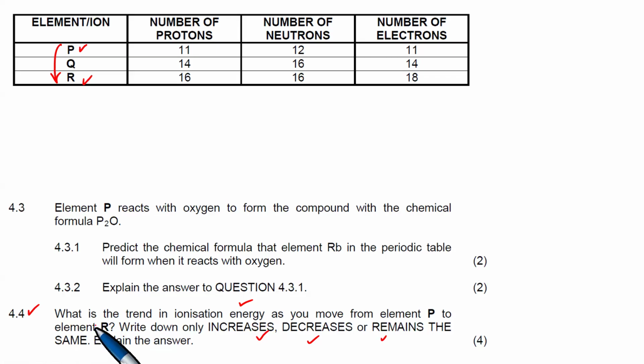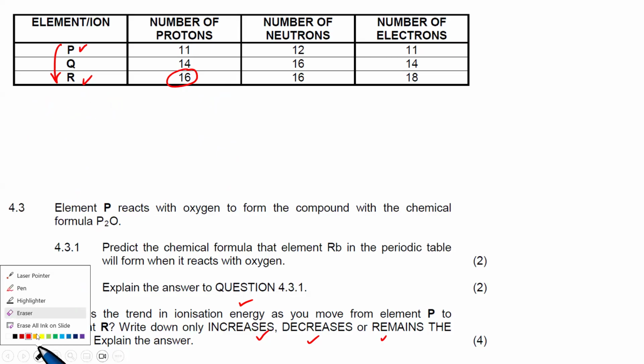So in 4.4, we can see that the ionization energy surely increases, and we're going to explain why that is the case. They said write down only increases, so you can write increases.